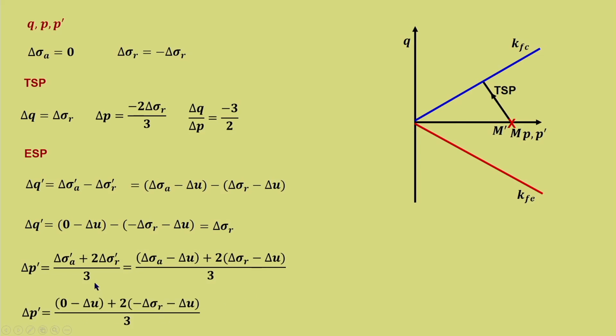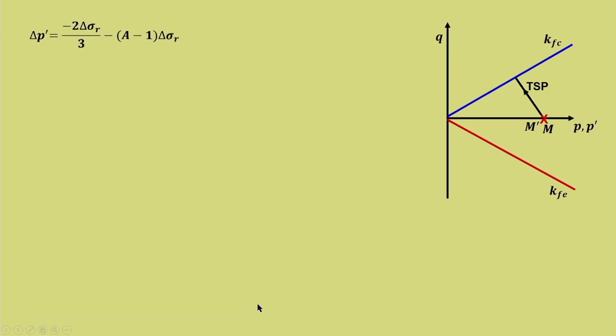So, delta p' is equal to 0 minus delta u plus 2 into minus delta sigma R minus delta u, and that is equal to minus 2 delta sigma R by 3 minus delta u. So, delta u gets substituted. So, delta p' is equal to delta sigma R by 3 into 1 minus 3A, and the slope is 3 by 1 minus 3A, and that remains the same. This is M' N', the ESP, and the nonlinear variation.